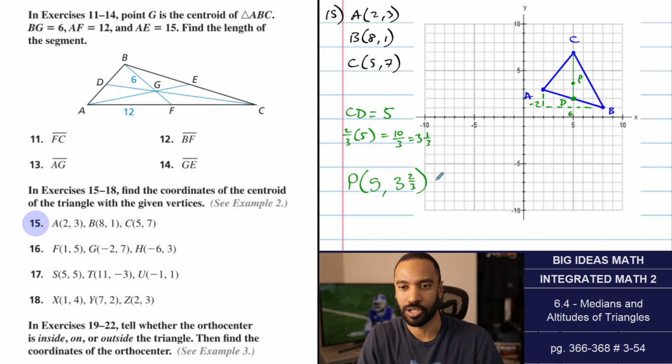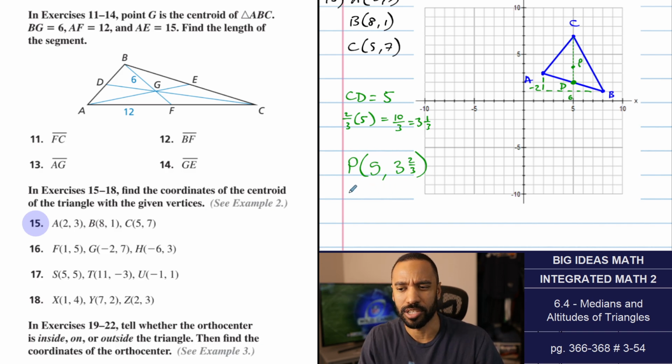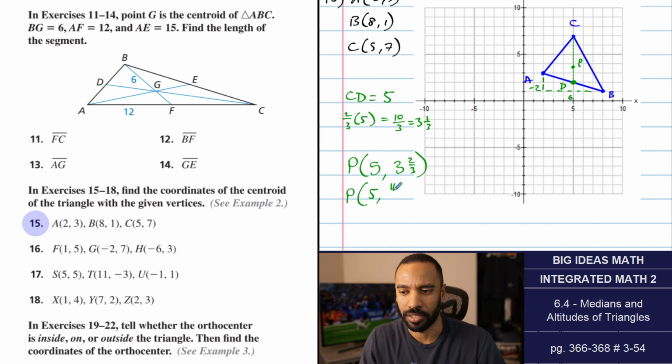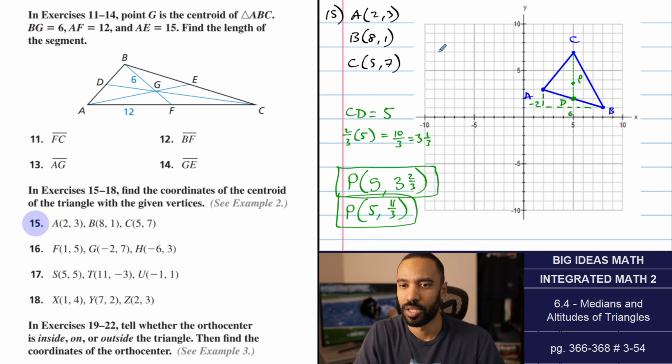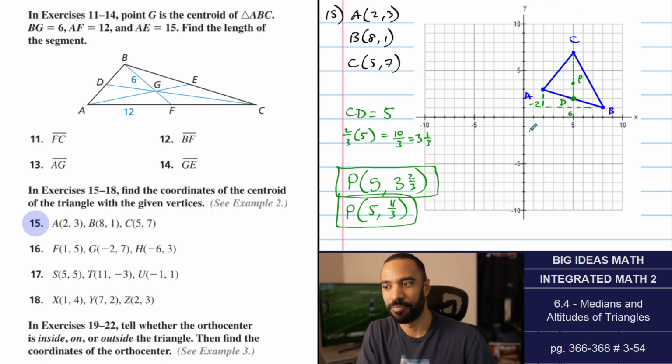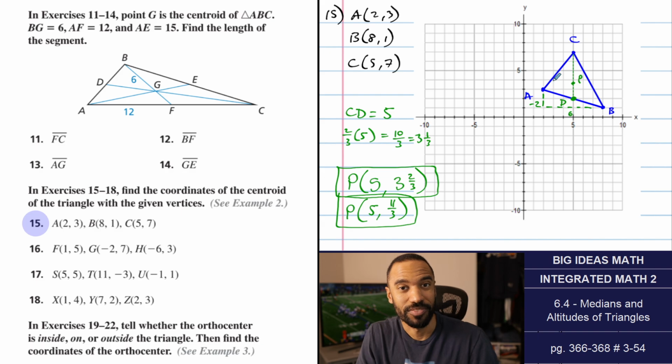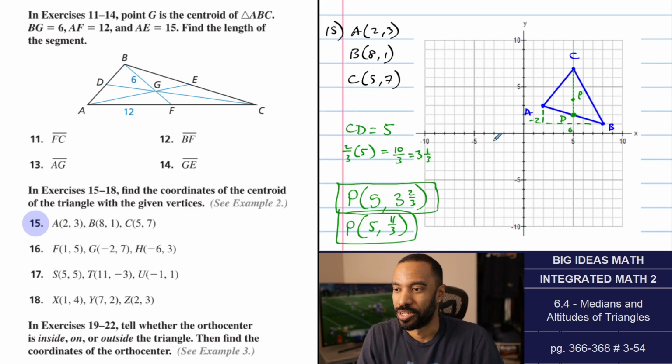I could also write a fraction version. I don't think it's best to approximate it, like round it as a decimal, but I could also say (5, 11/3). That would also be 3 2/3 like that. Either or seems fair. So the very first example that they give you doesn't have whole numbers, integers, which is interesting.